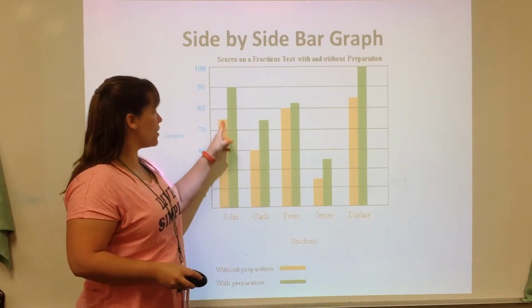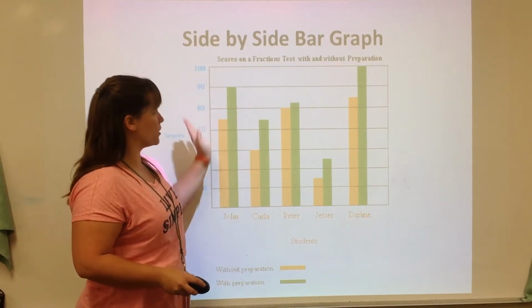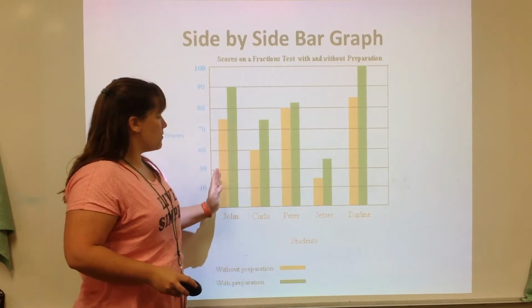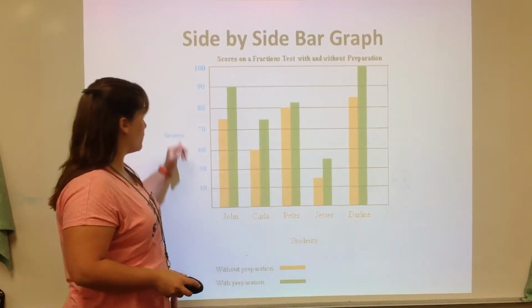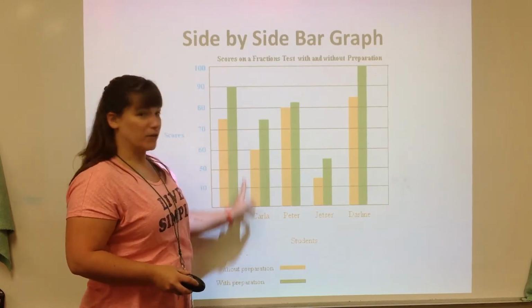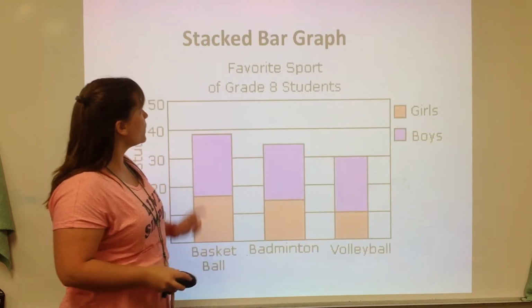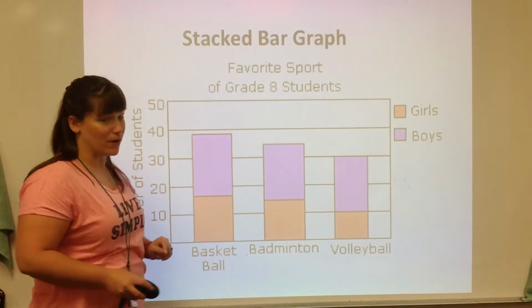The orange one is the score without studying, and the green one is taller all the way across because after they studied they did better. So you can see each person down here and their score over here. Again though, this is one person and then there's a gap. That's important.